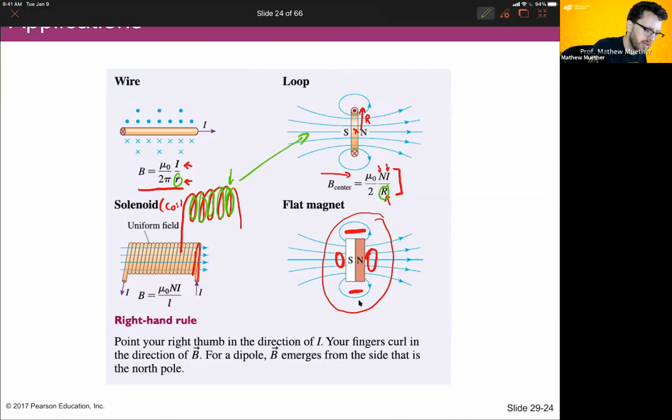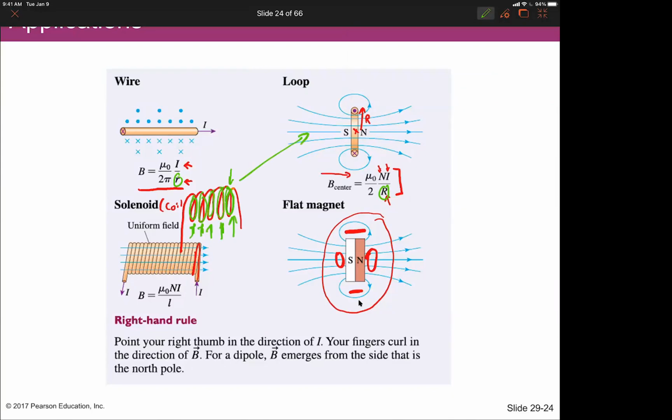And so the field is somehow the sum of the contributions coming from five independent loops in space there. Does that make sense? Yeah. So a solenoid is just a coil of wire, but you can approximate that coil of wire by a stack of current carrying loops.